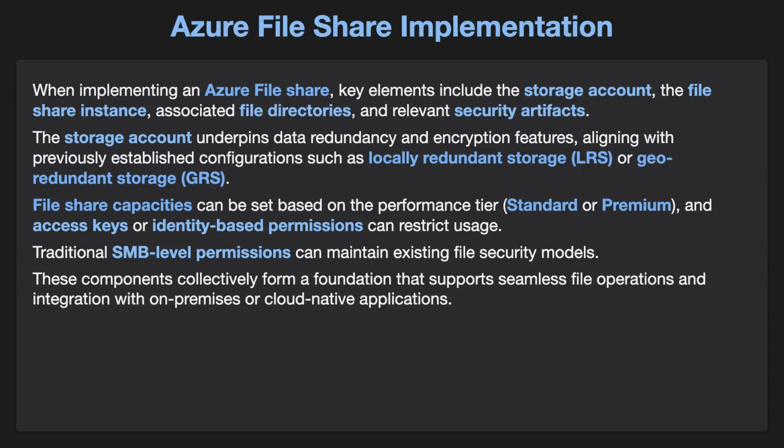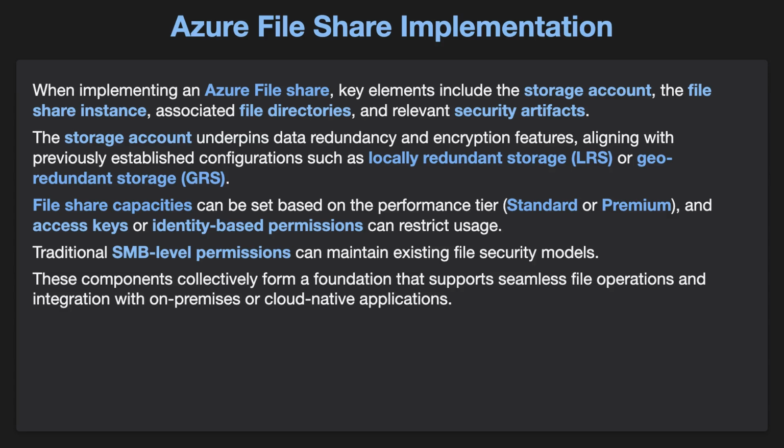When implementing an Azure File Share, key elements include the storage account, the file share instance, associated file directories, and relevant security artifacts. The storage account underpins data, redundancy, and encryption features, aligning with previously established configurations, such as locally redundant storage (LRS) or geo-redundant storage (GRS).